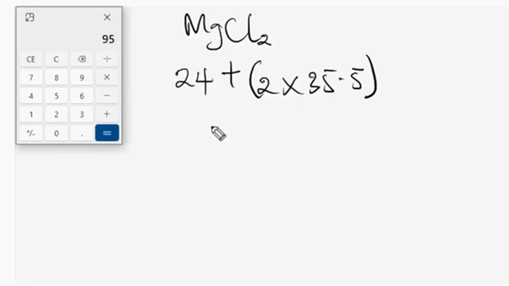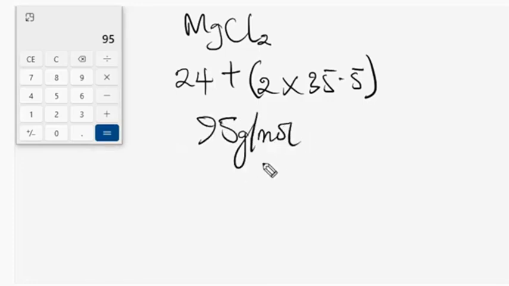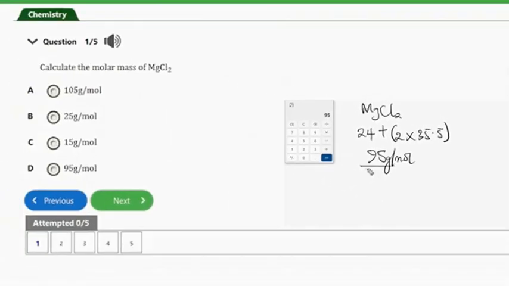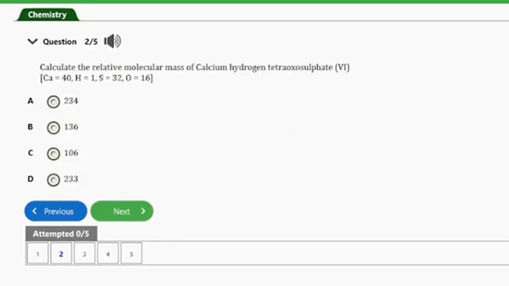That'll give us 95 here. So this will be 95 grams per mole. That's the molar mass of magnesium chloride. That will be all for that question, and we'll wipe this and check out the next question.